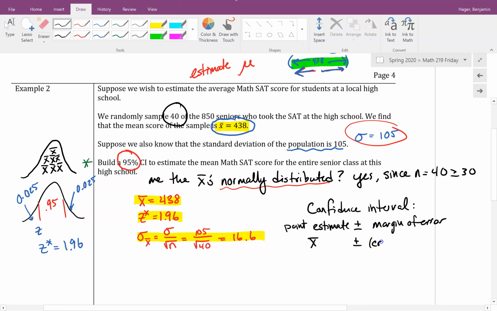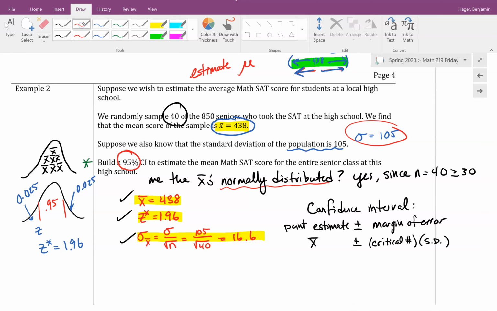So it's your critical number times your standard deviation. That's why I had to write down my point estimate, my critical number, my standard deviation. Now I'm just going to plug those in.